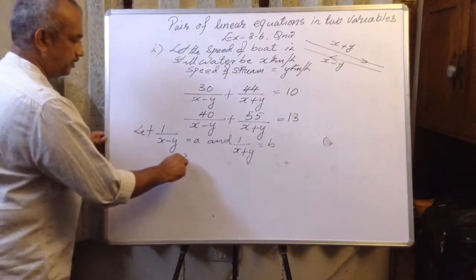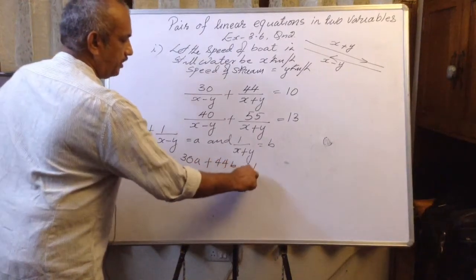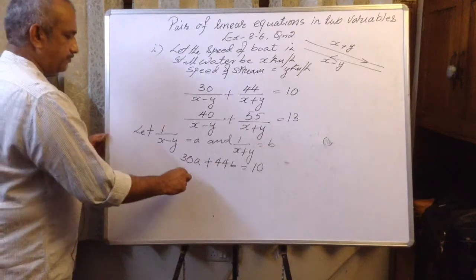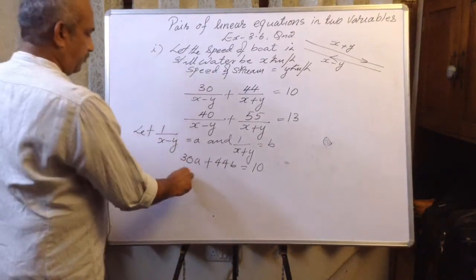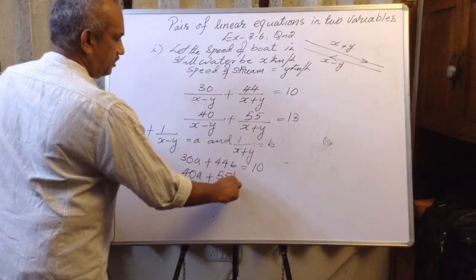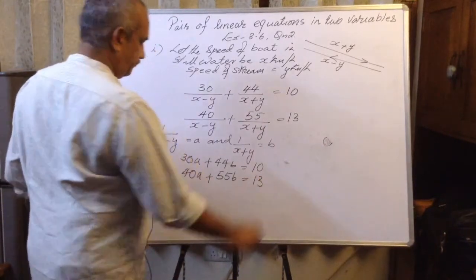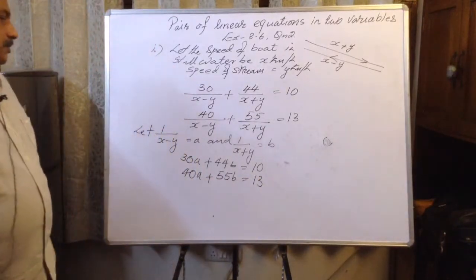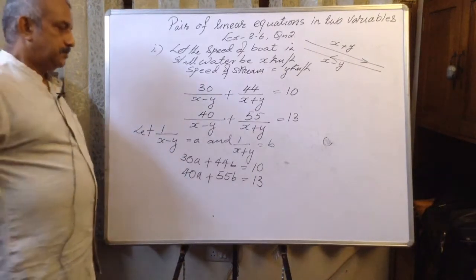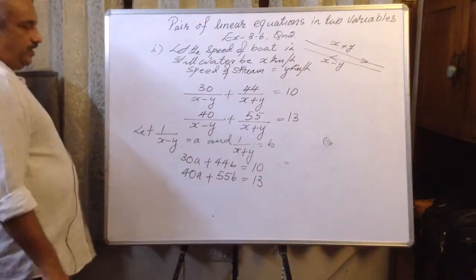So we get 30a plus 44b is equal to 10, and again the second one will give 40a plus 55b is equal to 13. So either you have to make any one of the coefficients the same and then subtract. I'm going to make the coefficient of a the same.